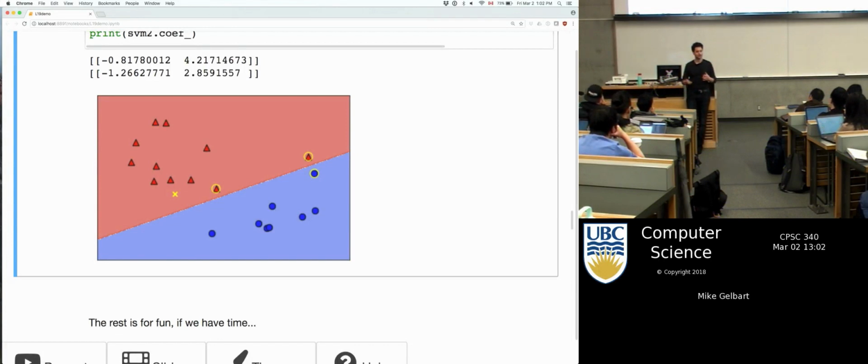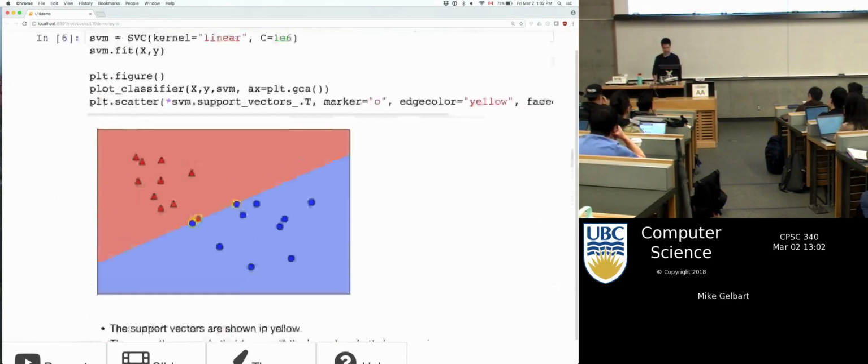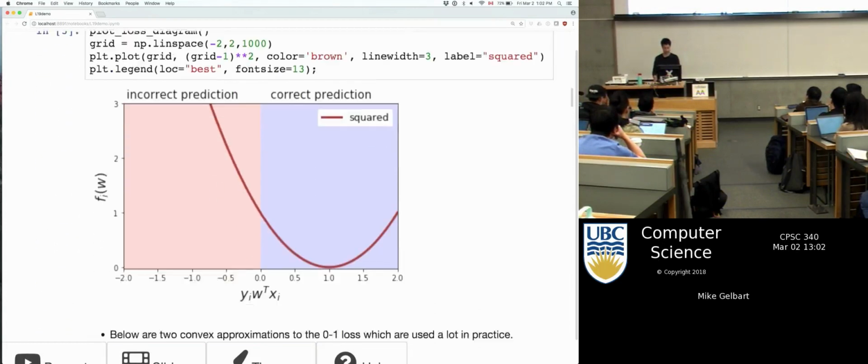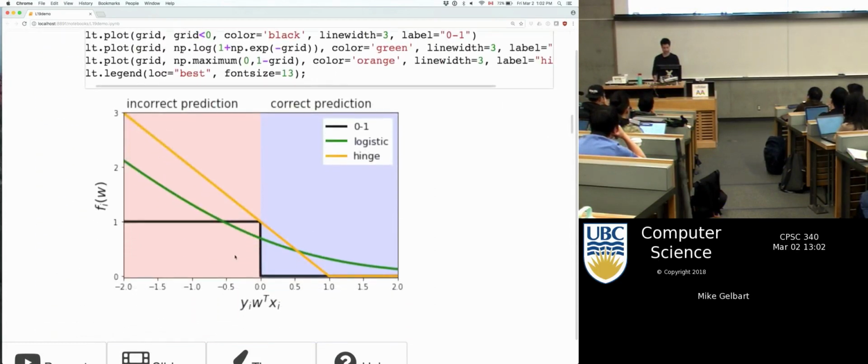And we interpreted the support vectors in terms of the loss diagram. If I scroll up to here, we had this flat part of the hinge loss at the right, which were these points that somehow didn't matter for the fit, and those were the ones that were not support vectors.